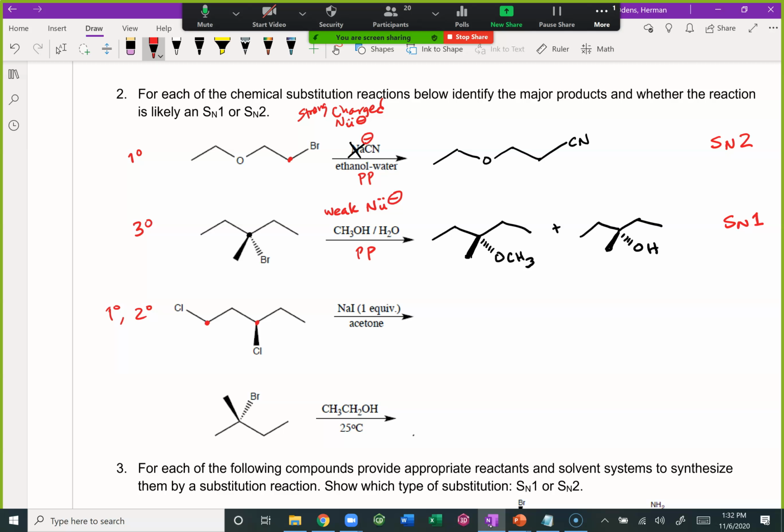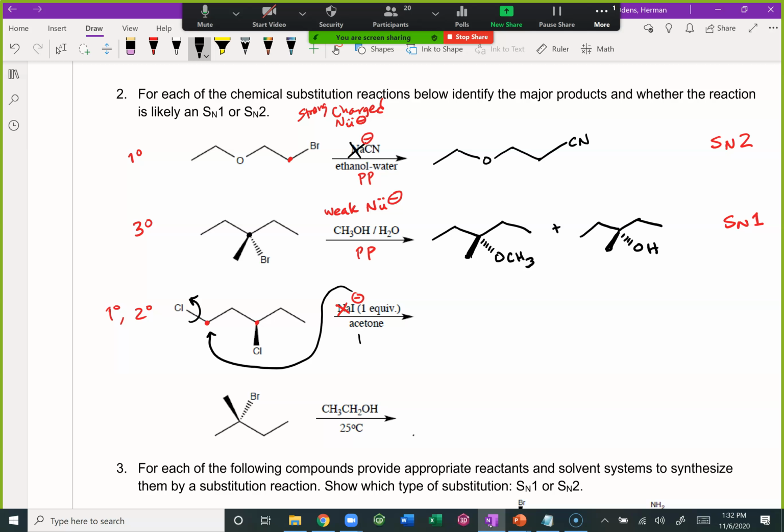The primary one, yes. So that will be your SN1 or SN2? SN2, very good. So cancel that sodium, put a negative on the iodine, and let's bring on the attack. It goes there, attacks, and kicks that one off. Notice that because you only have one equivalent, you're only going to have one product.